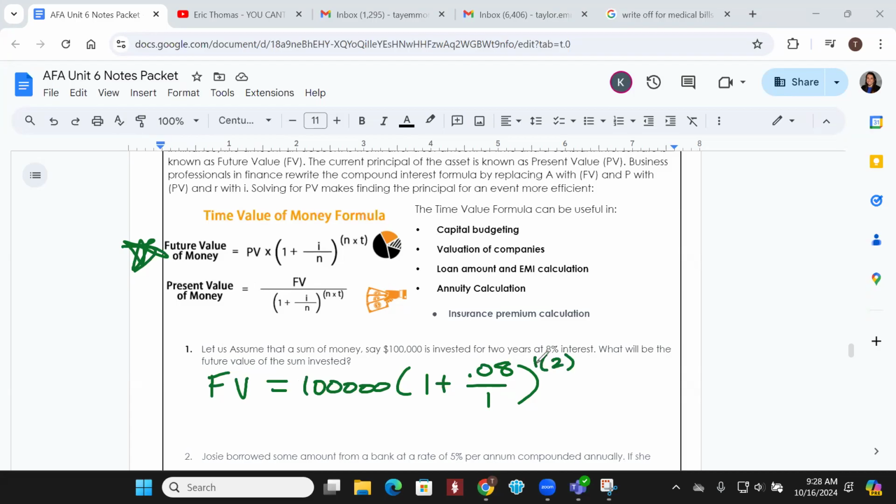And we're going to multiply that 1 times 2 in the exponent because we're doing it for 2 years. When we plug in all that, we're going to get 116,640. Okay, so notice how in 2 years we just made $16,640 more.